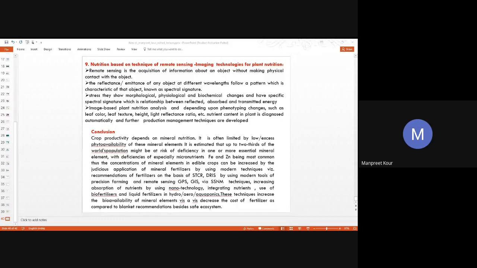INM, organic nutrition, SSNM, remote sensing and nano fertilizers are universal techniques. They can be used by everyone except vertical farming techniques, because less work has been done on them.